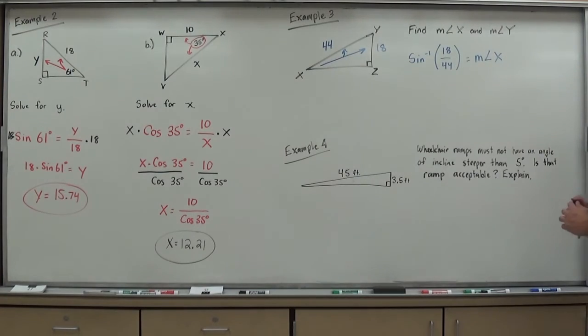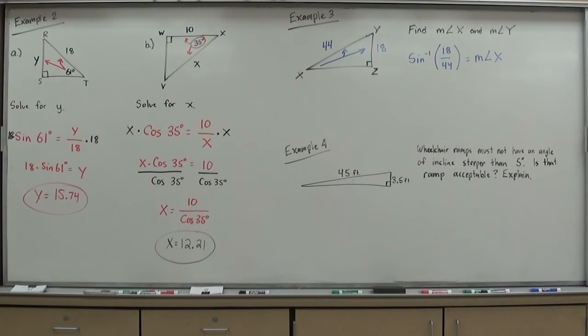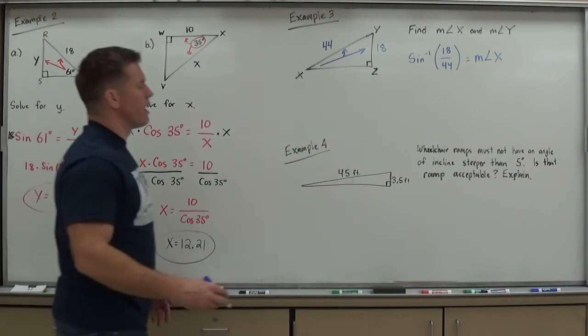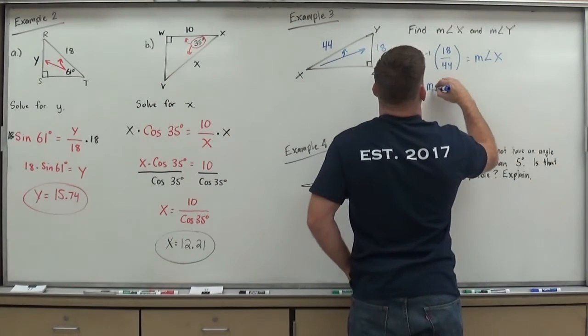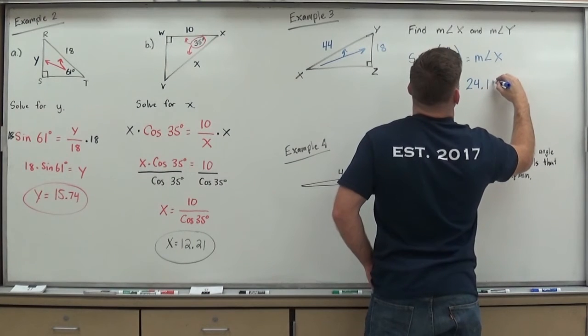Again, it just kind of works in reverse from the other one. So I have to do the sine inverse function, second sine, 18 divided by 44. And I get 24.147. I'm going to round that to 24.15.